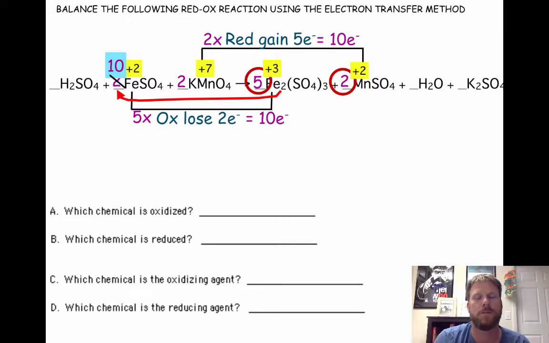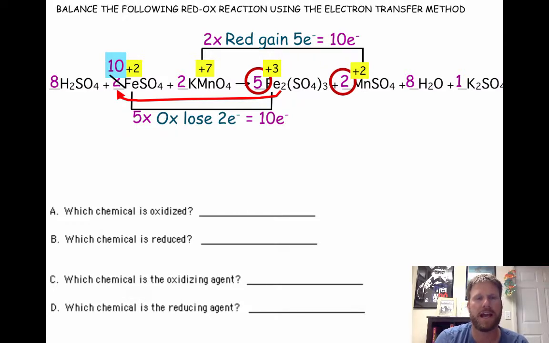The rest of this can be balanced by inspection. We will need 1 K2SO4 because we have 2 potassiums over here and we have 2 potassiums right there. We will need 8 H2SO4s and we will need 8 water molecules as well. So that is the balanced redox reaction that will occur as we titrate.